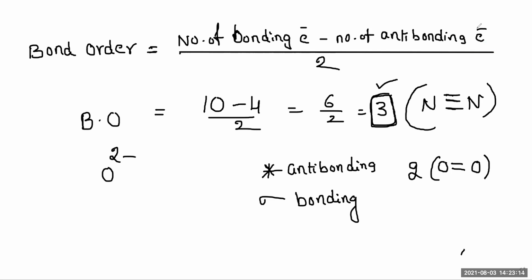If it is O2 minus, that means it is gaining an electron. Many times they ask these kinds of questions: write the bond order for O2 minus. You know how to find it; sigma 1s, sigma star 1s are common.